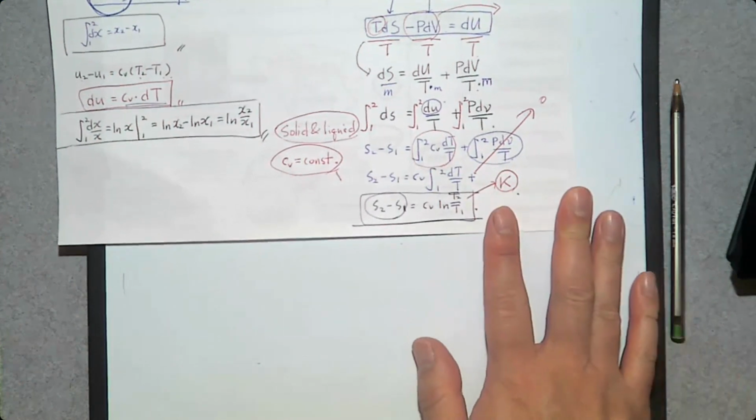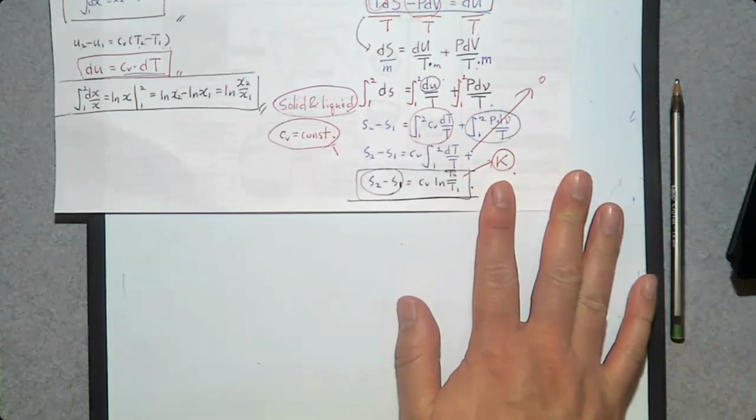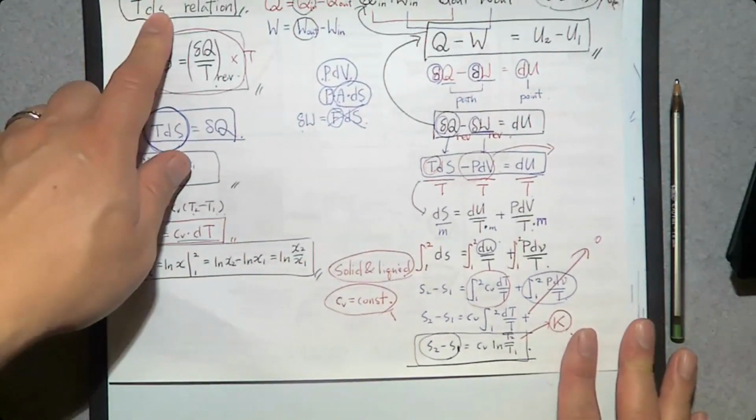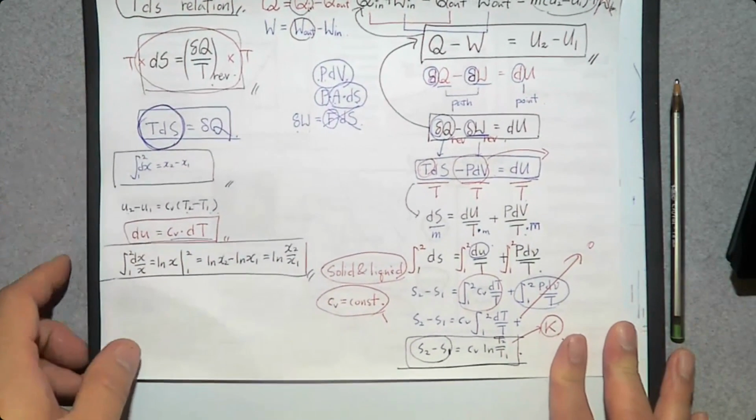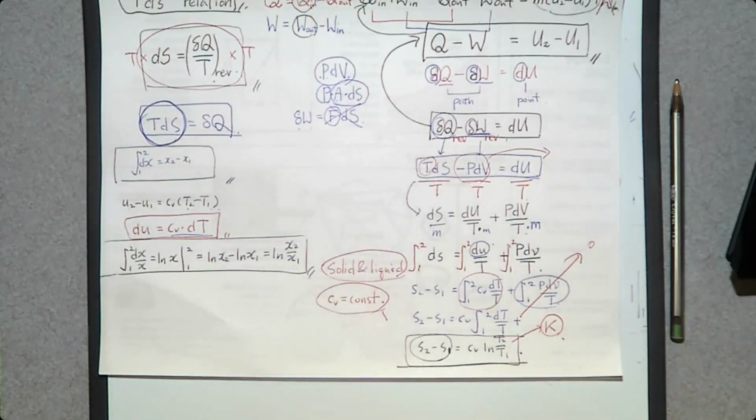So this is one example of what? TDS relation. And why do we say TDS? Because this one, TDS relation. And that's not the only TDS relation. There are more coming soon for pure gases.